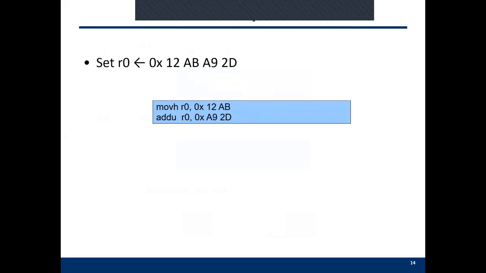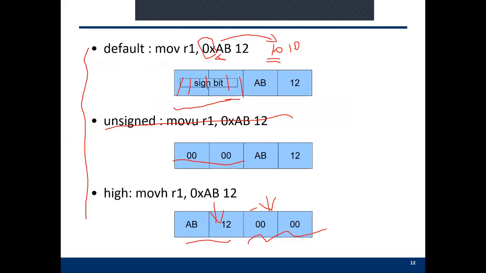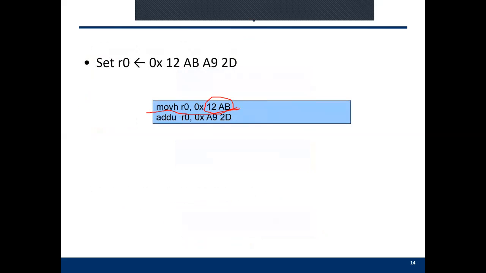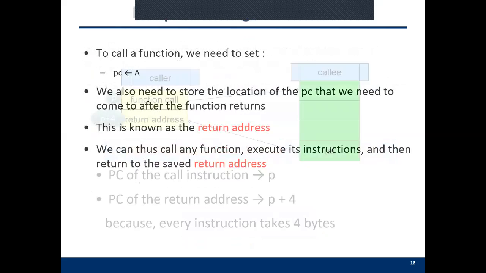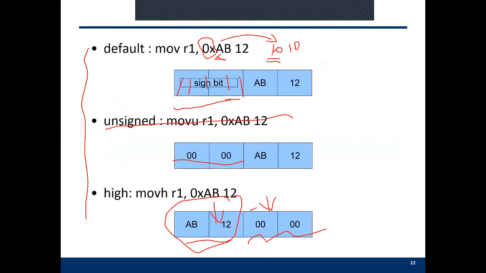Here is one example. If you use this move H first, it will copy this value to the upper bits like this. And then you can add a value here, A92D, to the lower bits of that data.